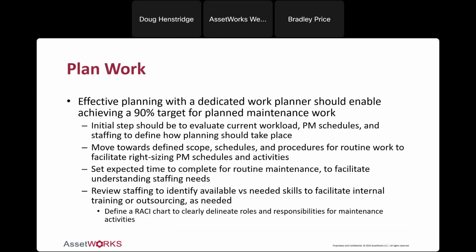So the other thing is to look at planning work, right? So I kind of talked about a couple of things to help plan work, that if you kind of know what it should take to complete a routine maintenance action or proactive maintenance action, you can set up that standard estimate.